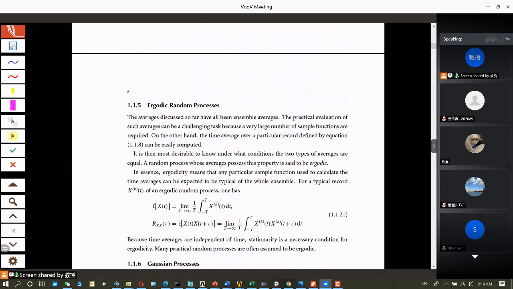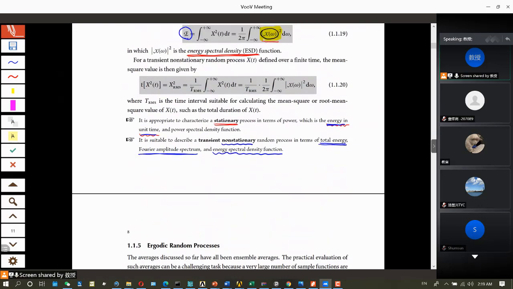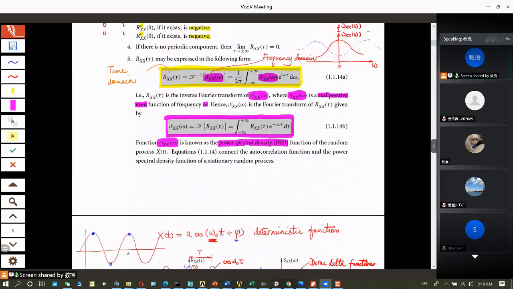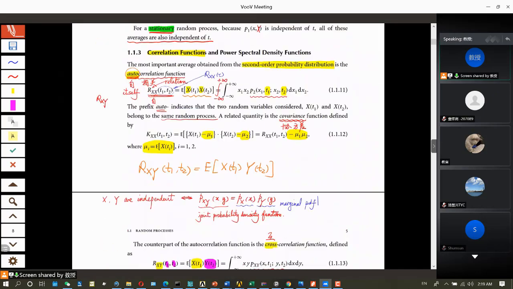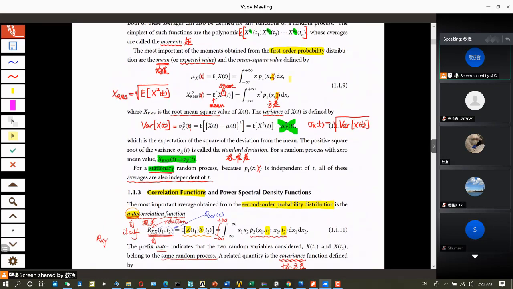We introduce another concept. It's called an ergodic random process. Last week we studied two averages. One average is the ensemble average.